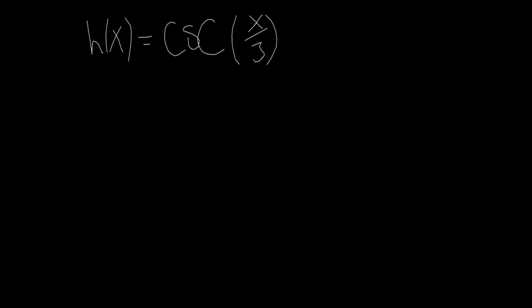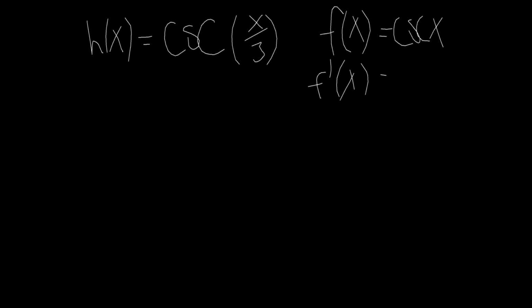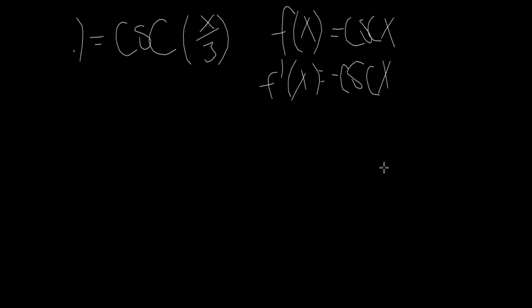In this problem, we see a trigonometric function where we see cosecant of x over 3. And here we know that our outside is going to be cosecant. And we can set that equal to f of x, just cosecant x. And we know that the derivative of cosecant is going to be negative cosecant x times cotangent of x.